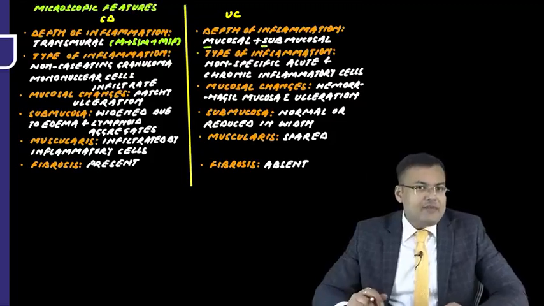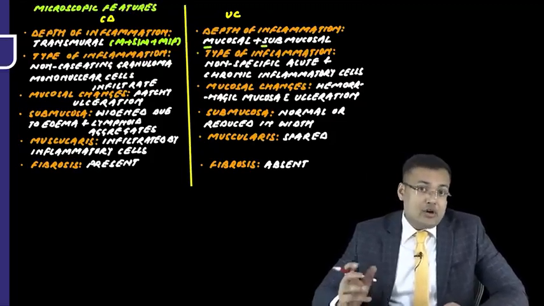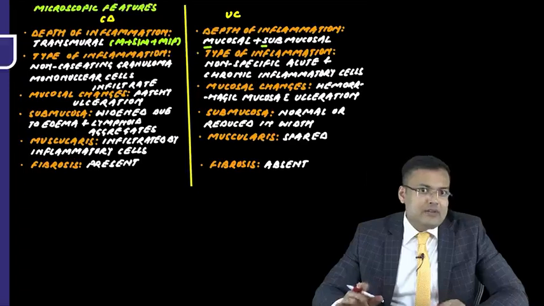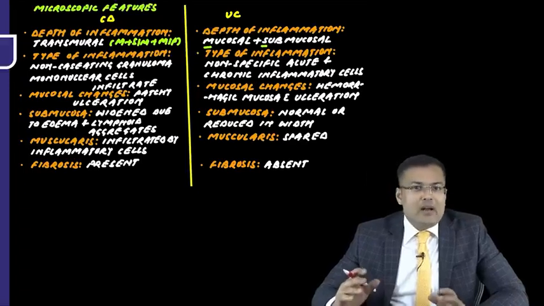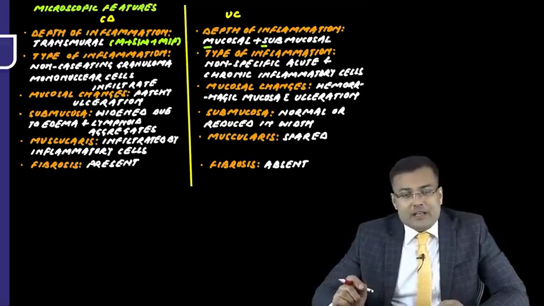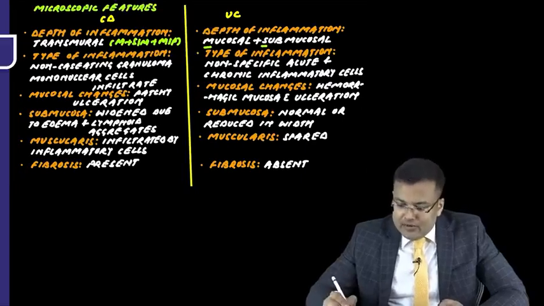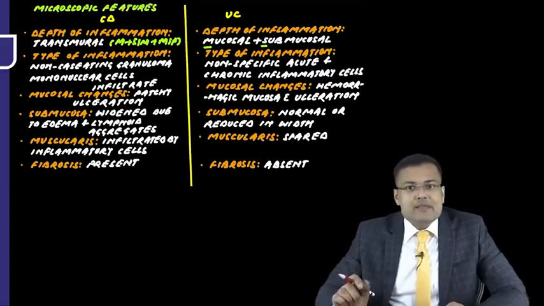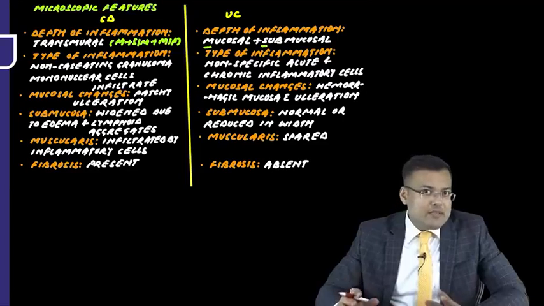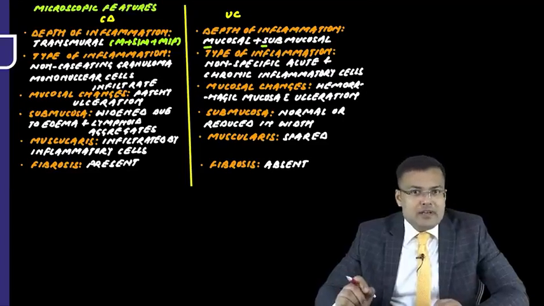Second, type of inflammation. In Crohn's disease there is presence of non-caseating granuloma, and there is mononuclear cell infiltrate. Whereas in ulcerative colitis there are non-specific acute and chronic inflammatory cells.